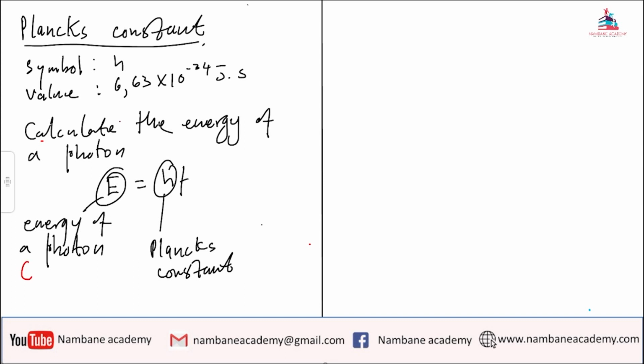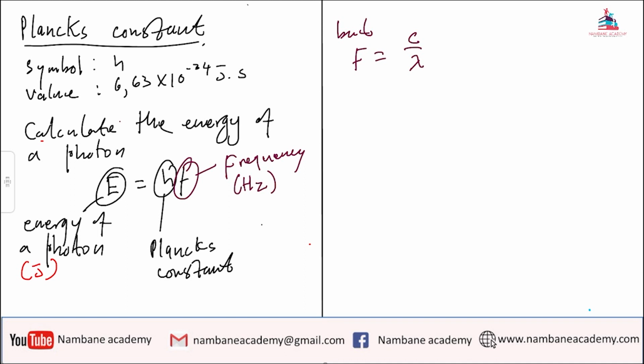The SI unit, ladies and gentlemen, is J for joules. However, we have f, which is for the frequency. Frequency is measured in hertz, ladies and gentlemen. One can easily say f equals c over lambda. Then one can say E equals hc over lambda.